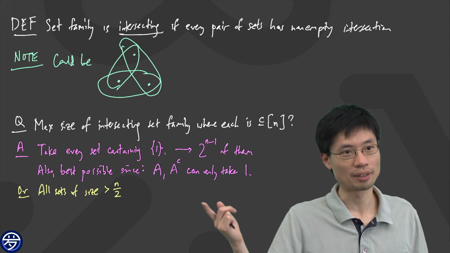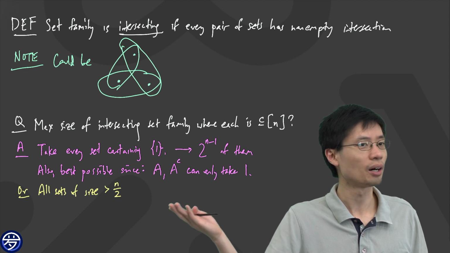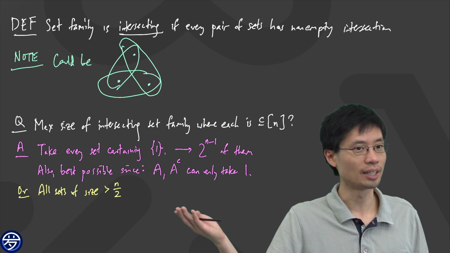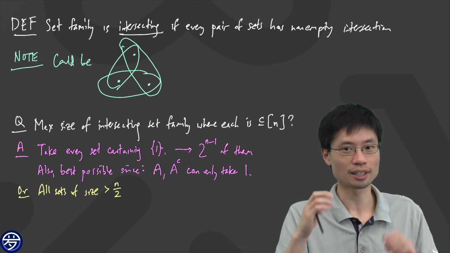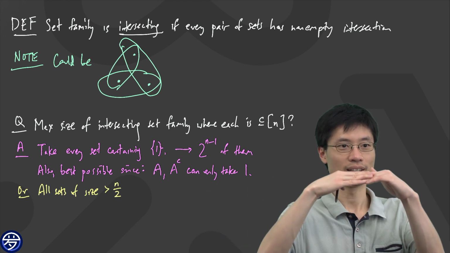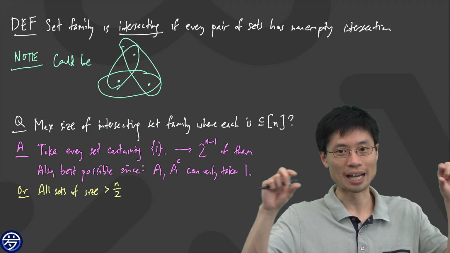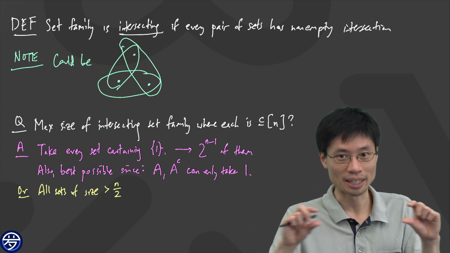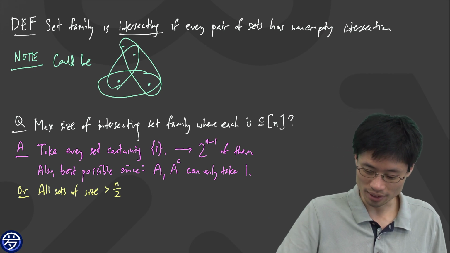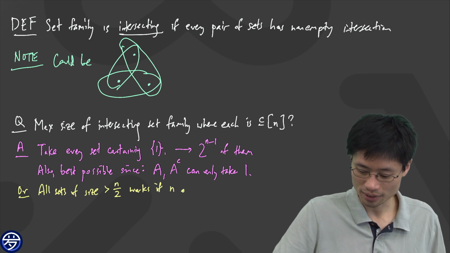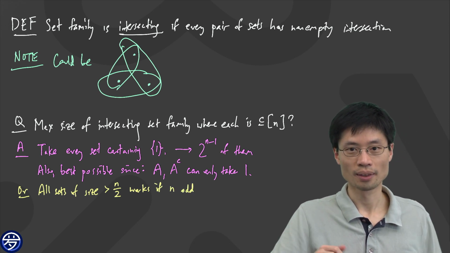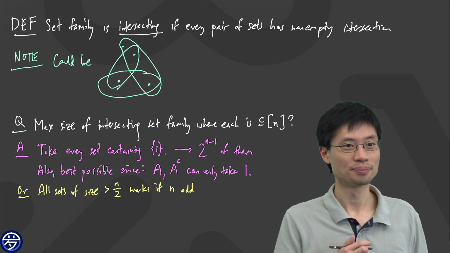So for example, n has to be odd, I think, in this case. Is that right? Because I need to do with the ceiling. The ceiling of n over 2 has to be a batch of sets which is the same size as the batch of sets floor n over 2. So this works if n is odd.